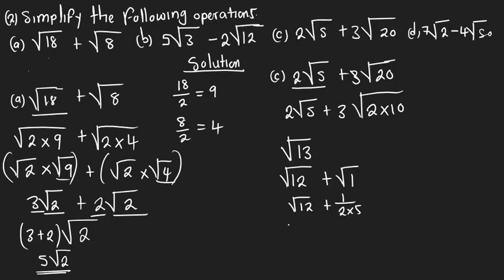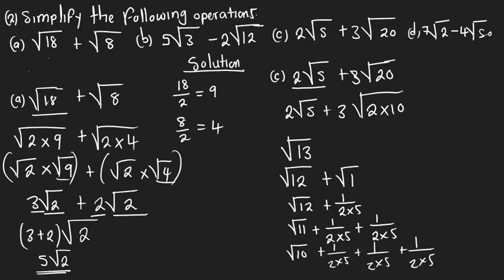Then you do the same thing: square root of 11 will be 1 over 2 multiplied by 5 plus 1 over 2 multiplied by 5. Square root of 10 will be 1 over 2 multiplied by 5 plus 1 over 2 multiplied by 5 plus 1 over 2 multiplied by 5. Then square root of 9 will be plus 1 over 2 multiplied by 5 plus 1 over 2 multiplied by 5 plus 1 over 2 multiplied by 5 plus 1 over 2 multiplied by 5.